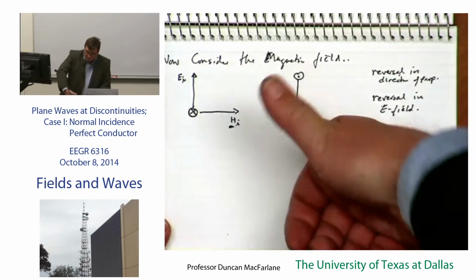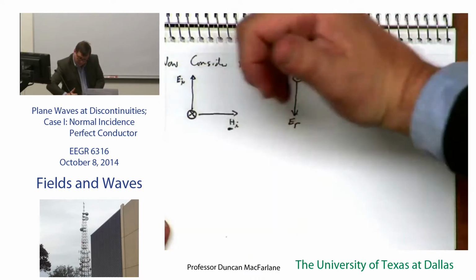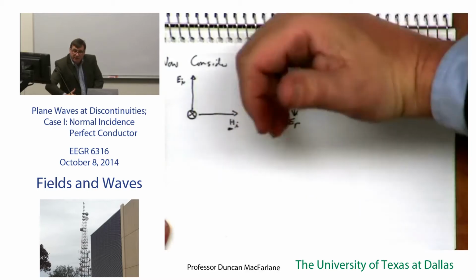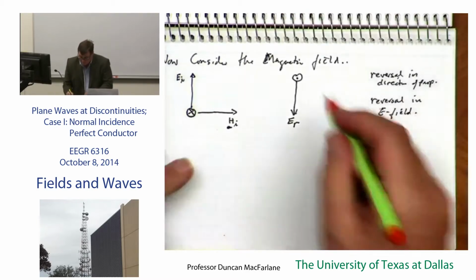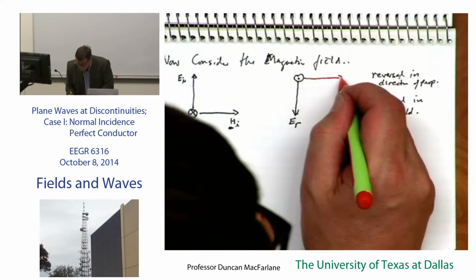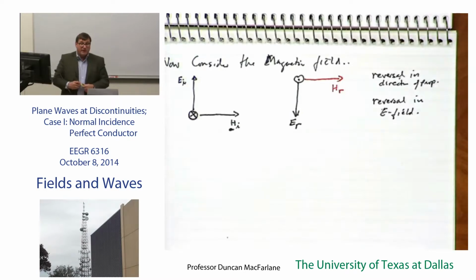Now, if I do my E cross H, my reflected magnetic field is exactly the same.